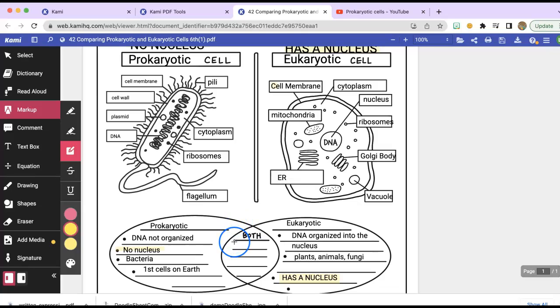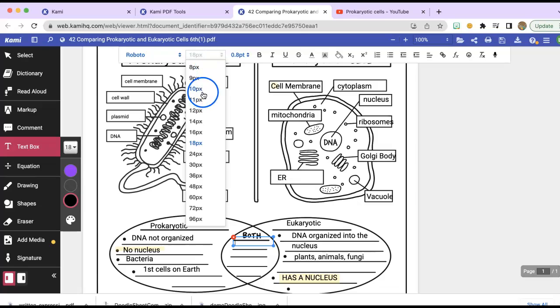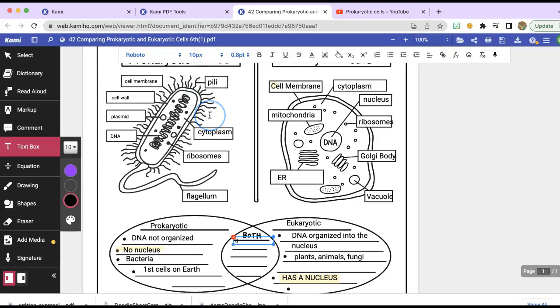Let's talk about real quick what they have in common. They both have a cell membrane. I'm going to have to make this kind of small so it fits. You're going to squeeze it in too. They both have a cell membrane.